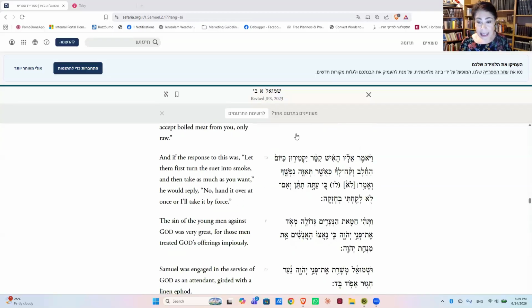And it's not only that, but they say, wait for us to burn up the fat and then take it. If you know, give it now or I'm going to grab it from you. So there's no norms. All they want is the meat, and this is disgusting. Okay?